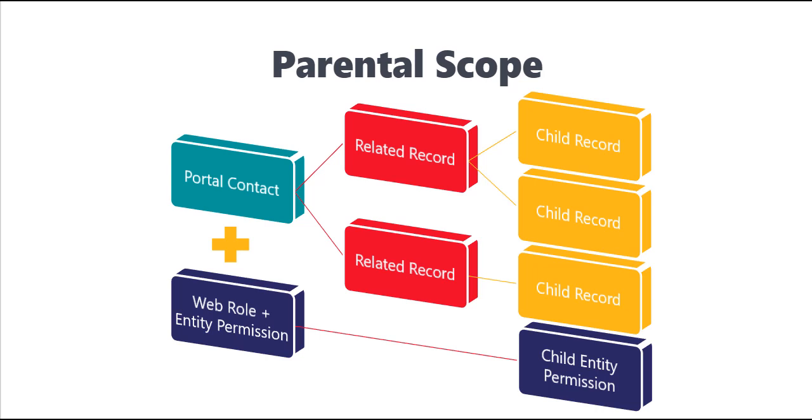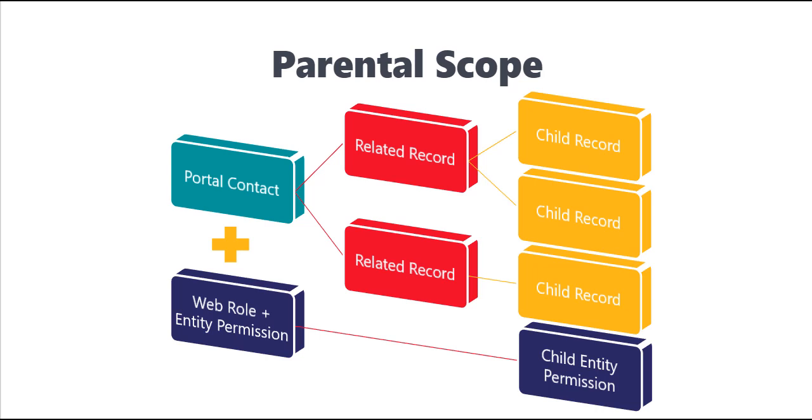Because if we need to grant permissions to records in CDS to a portal contact that is not directly related to them, then at the very least they need to be indirectly related to those records in some way. So with parental scope, you are granting access to a certain set of records by virtue of already having access to some other set of records.